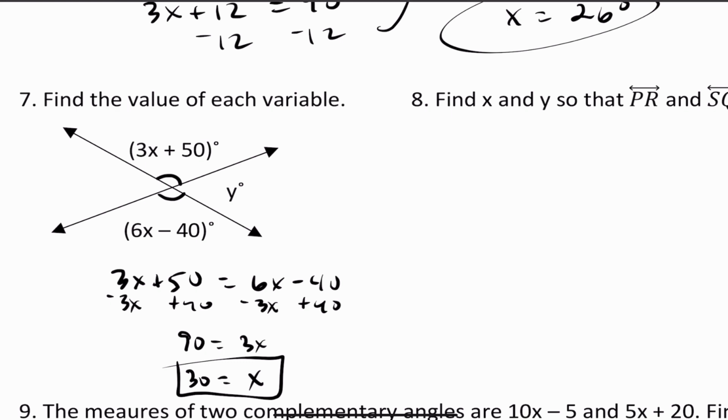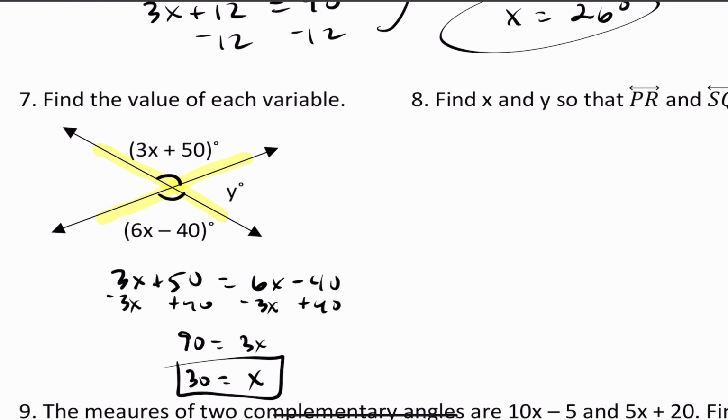So first of all, let's take a look. We were using vertical angles to set up the equation to find x, but now I have to figure out what y is equal to. And notice that there's nothing here, so I can't work with that. So I need to look at something else that I can use to set up the equation for y.